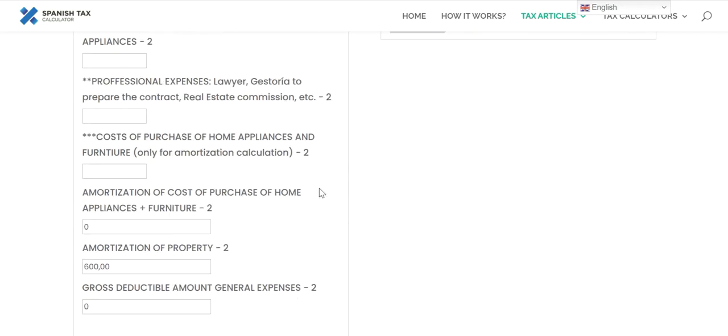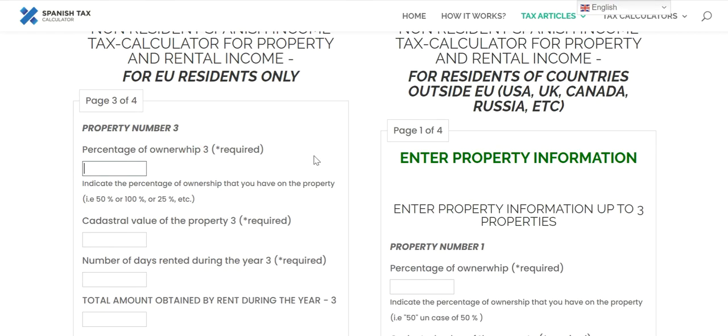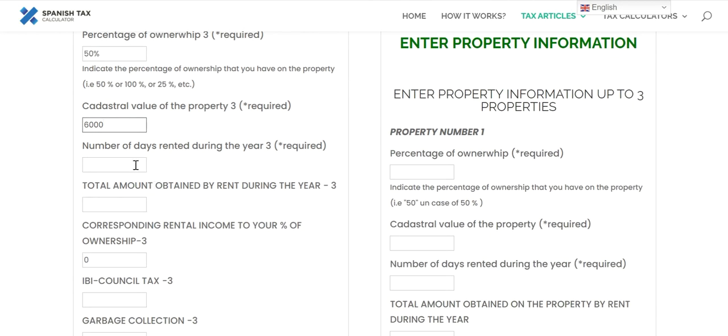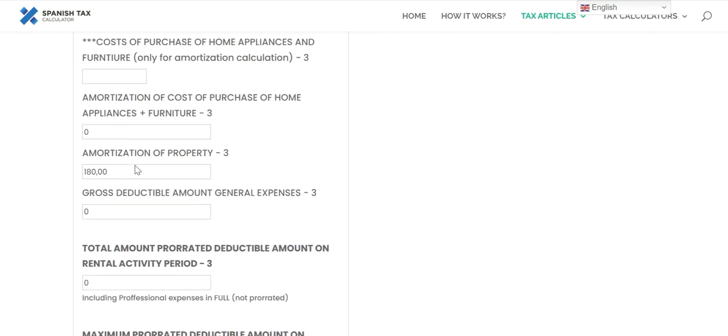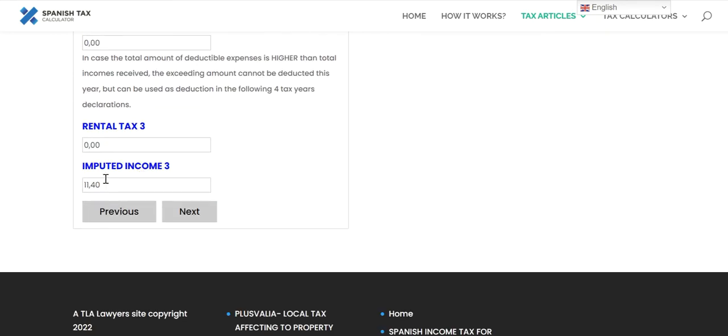So we go further with the third property, which you also own 50%. This time we have discovered that the cadastral value for the shed is quite low, it's 6,000 euros. There is no rent, and then what you have is only the imputed income tax, which is 11.40.